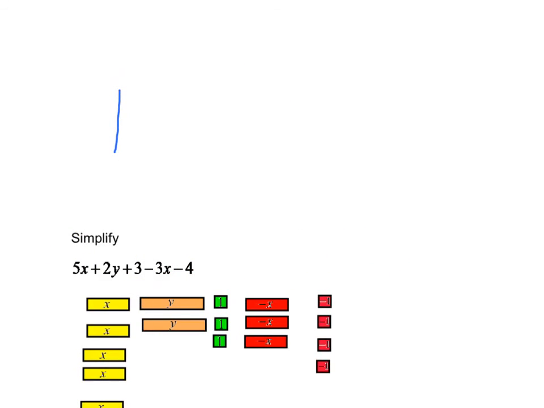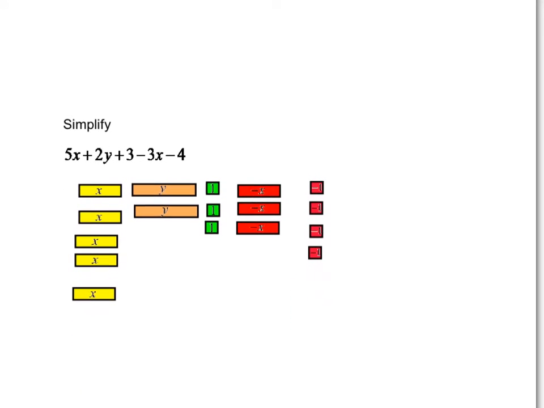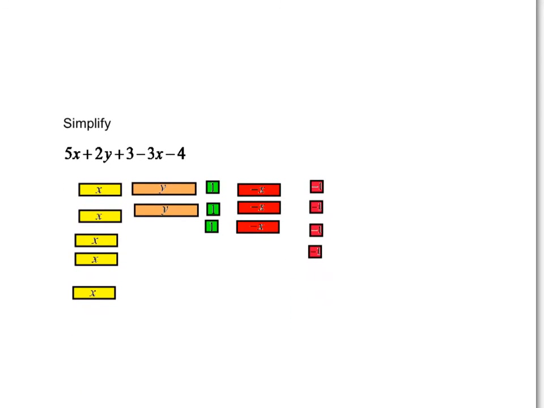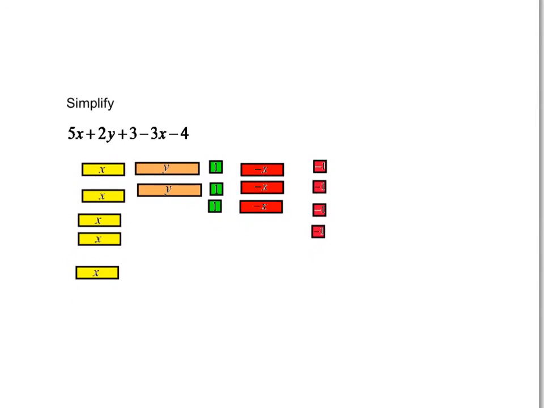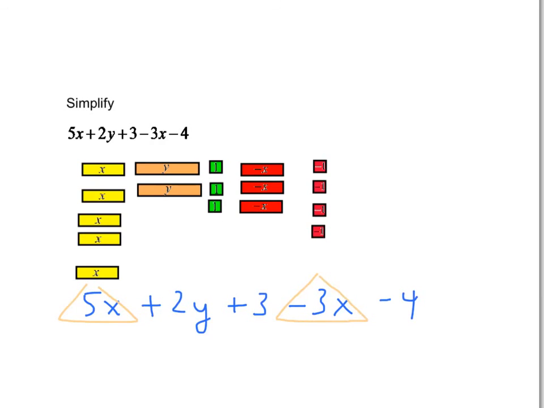So very quickly, let's do this next example. So if this is 5x plus 2y plus 3 minus 3x minus 4, I can put triangles around the 5x. There's a negative 3x there. I'll put ovals around the 2y, nothing else there.